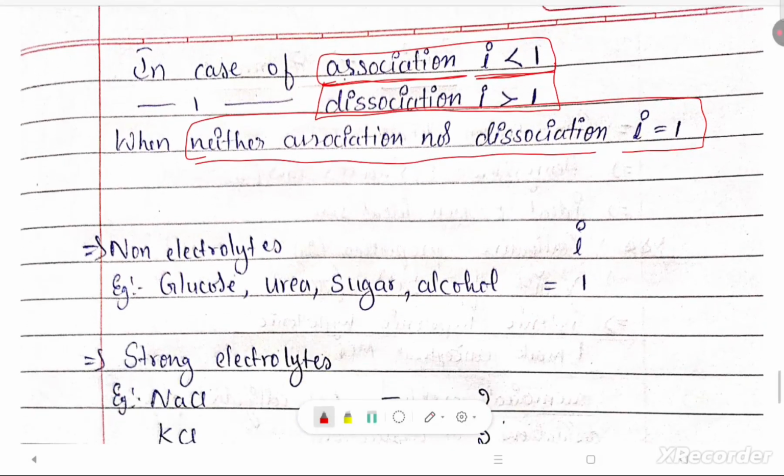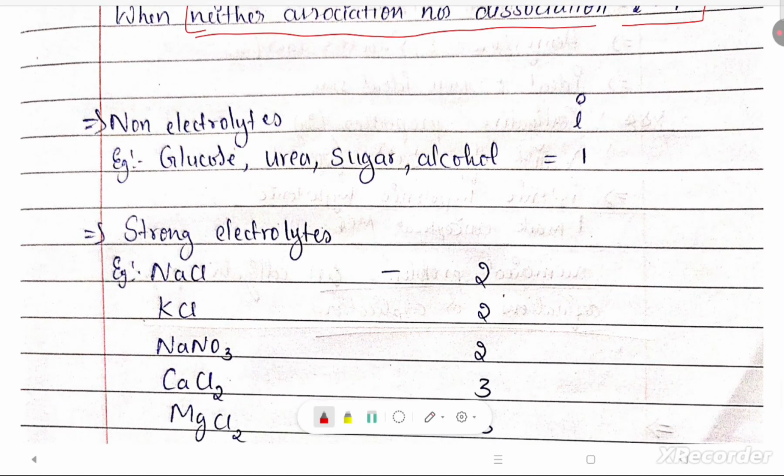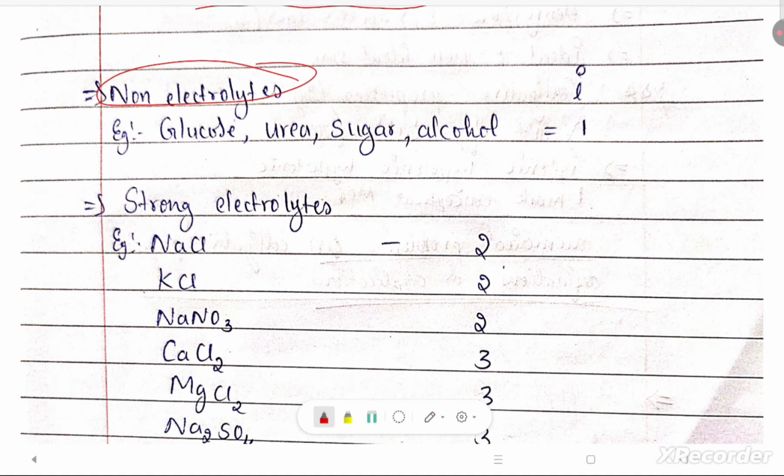Some examples are there. You can see here, non-electrolytes. Non-electrolyte examples: glucose, urea, sugar, alcohol. These will not dissociate, and will not associate also. So the i value will equal 1.